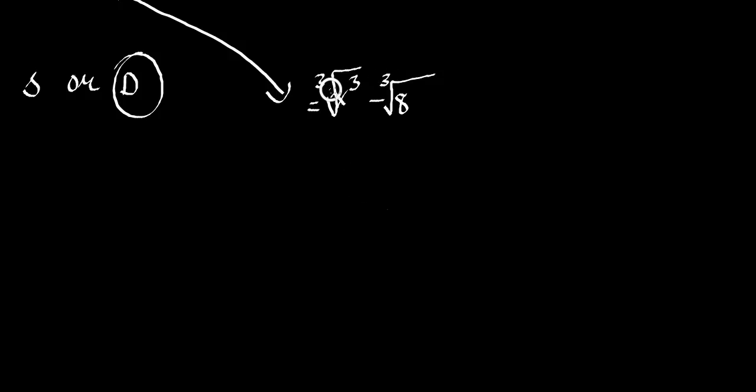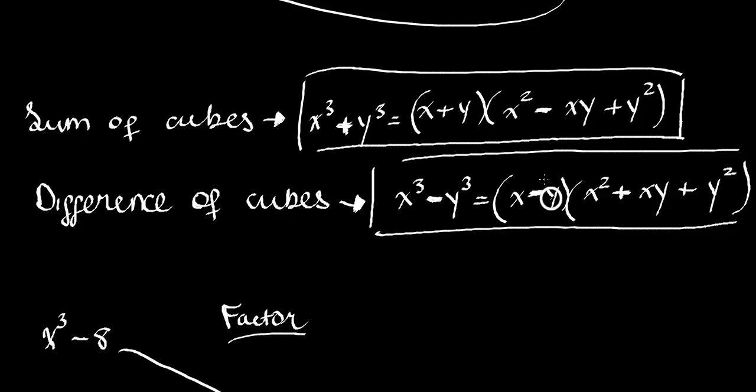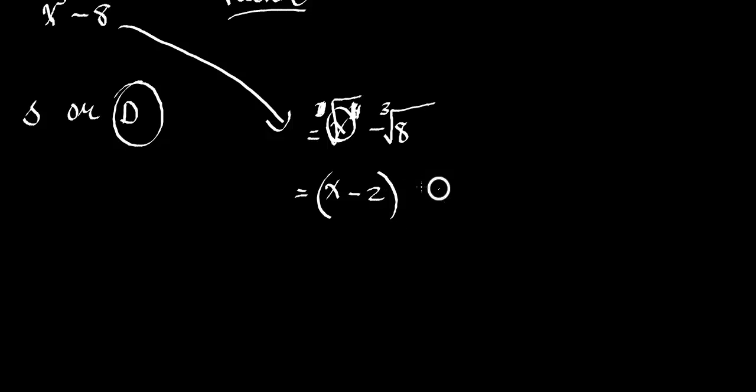So x cubed, under the cube root radical, the exponent and the root cancel each other. So you're left with x. The cube root of 8 is 2. And guess what? This is your first factor. Now you have to do the long brackets, okay? And that's all.